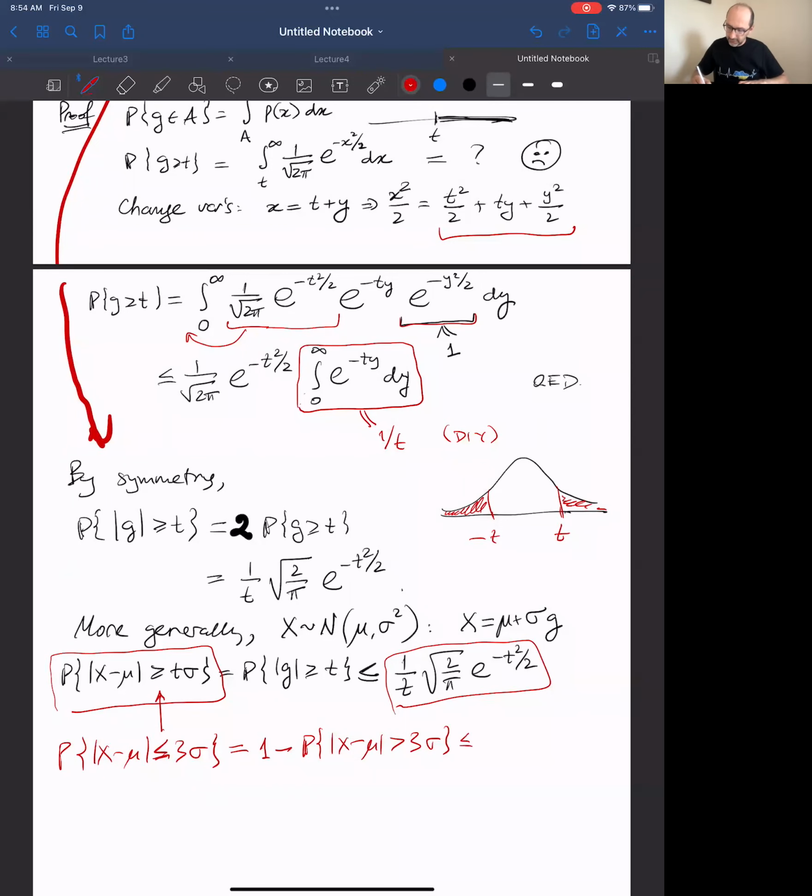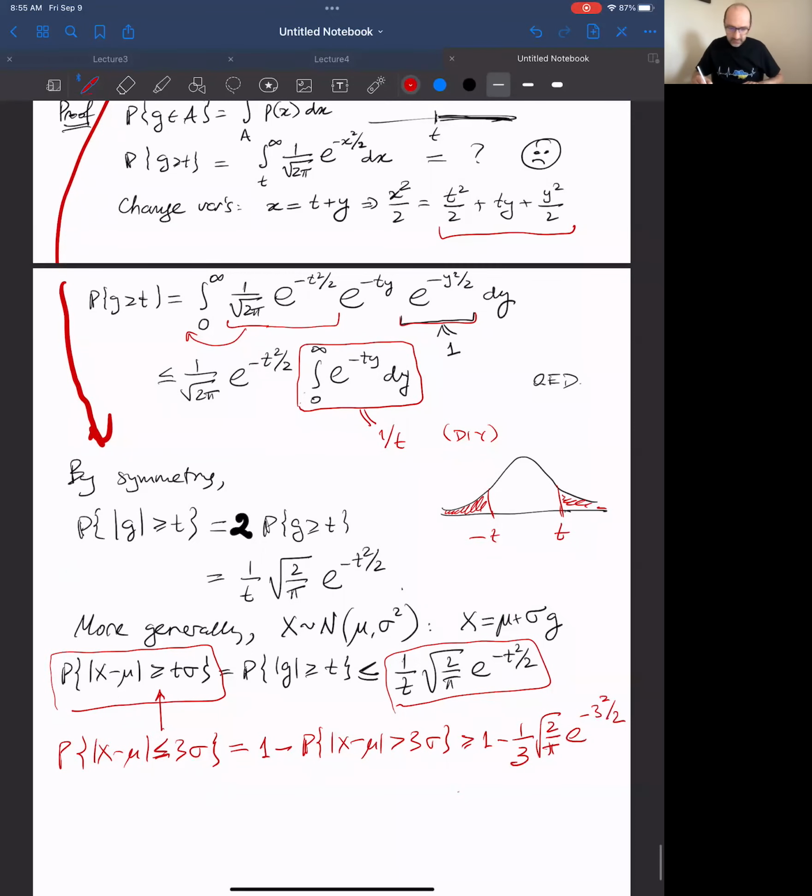And we estimated this to be 1 minus 1 over 3 root 2 over pi e to the minus 3 squared over 2. Okay, so that's our take on this. And I computed this to be approximately 0.9970.